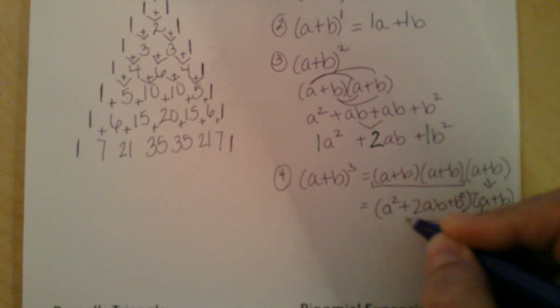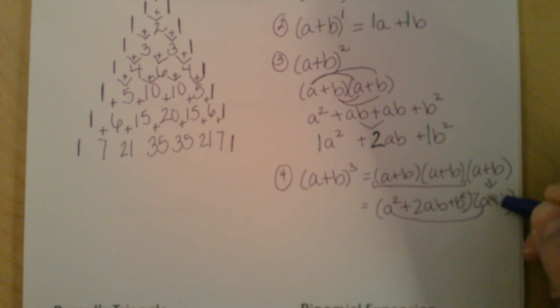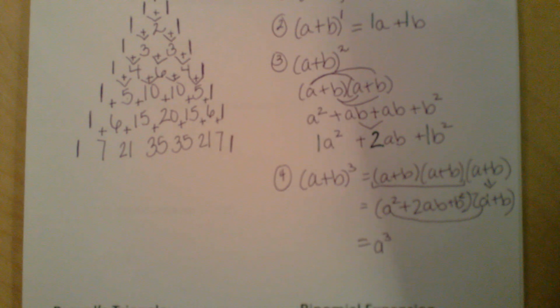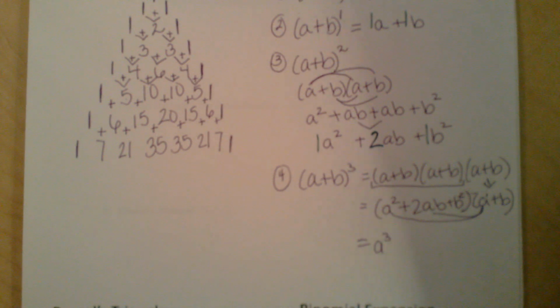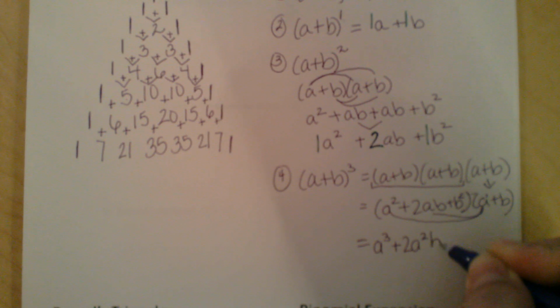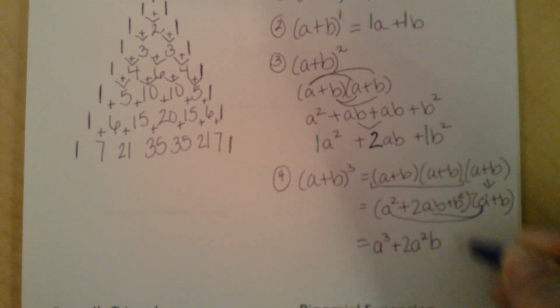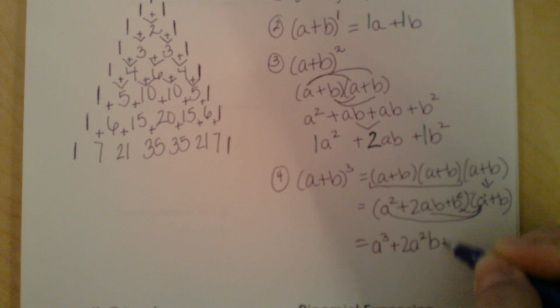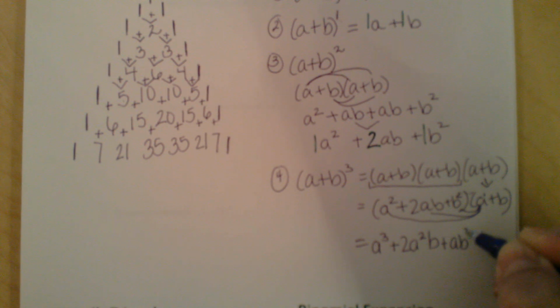Okay, we're going to multiply a to the first, remember this is to the first, times a squared, that's a to the third, a times 2ab plus 2a squared b, because a times a is a squared, and I brought the b down, and then a times b squared is plus ab squared.